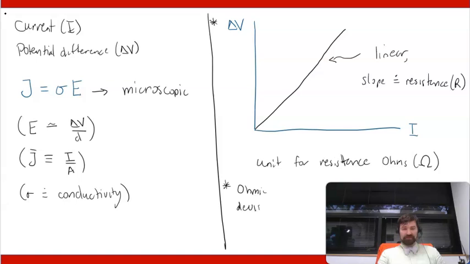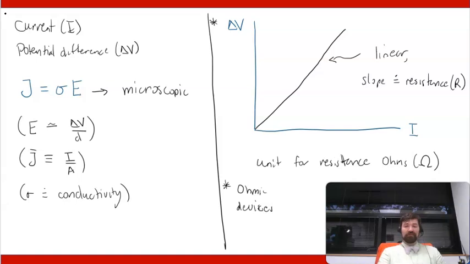devices or ohmic materials. There are non-ohmic materials or devices such as diodes, in which you essentially have no current or very little current for a very wide variety of voltage drops, and then all of a sudden you get an exponential current once the polarization flips.